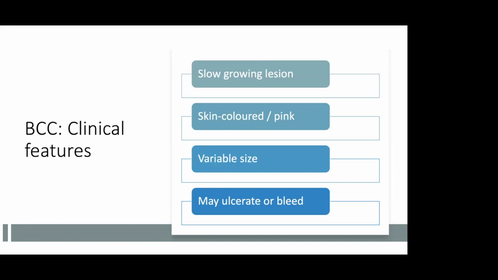So for a basal cell carcinoma, typically these grow slowly over several weeks to months, or even longer than that. They tend to be skin coloured or translucent, and can vary widely in their size. They may ulcerate or bleed or cause some degree of irritation on the skin.